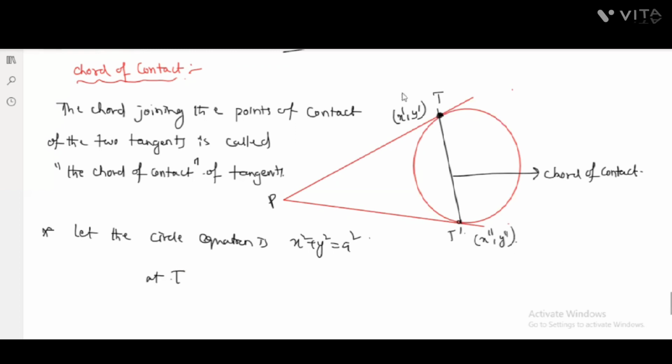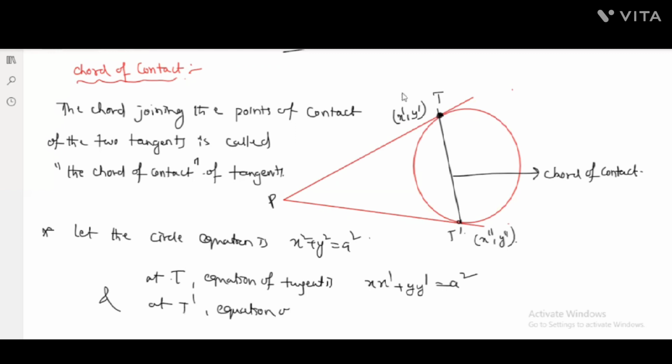At T, the equation of tangent is x x dash plus y y dash is equal to a square, and at T dash, the equation of tangent is x x double dash plus y y double dash is equal to a square.